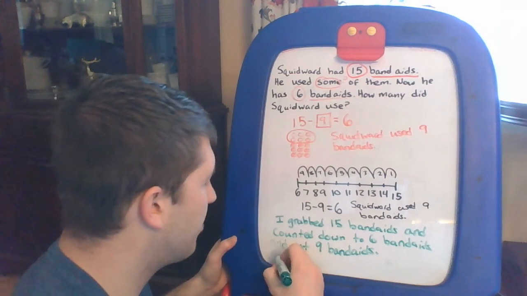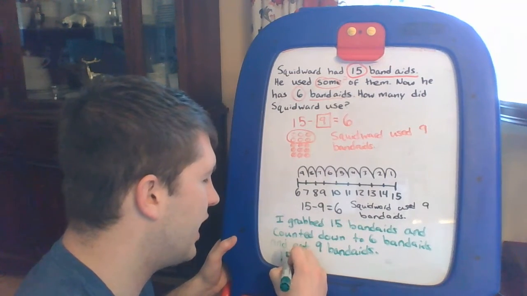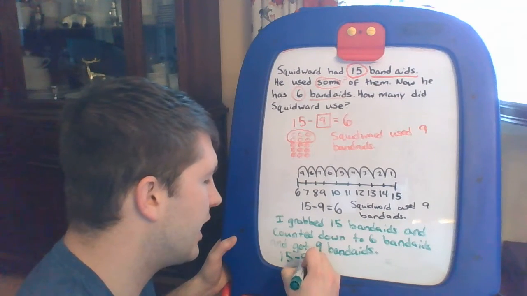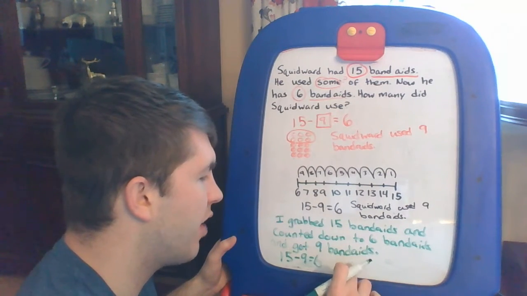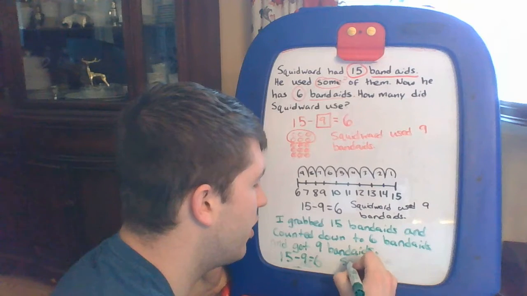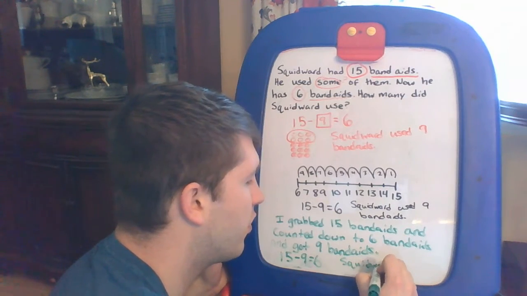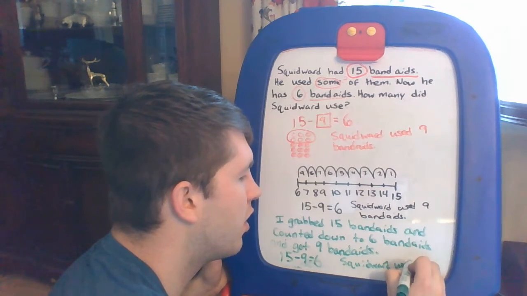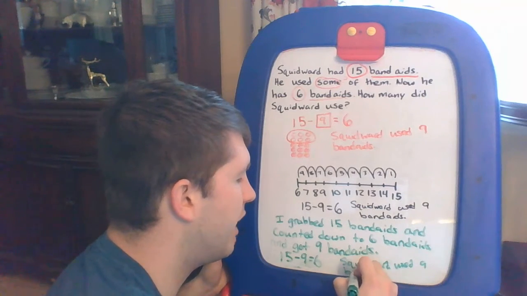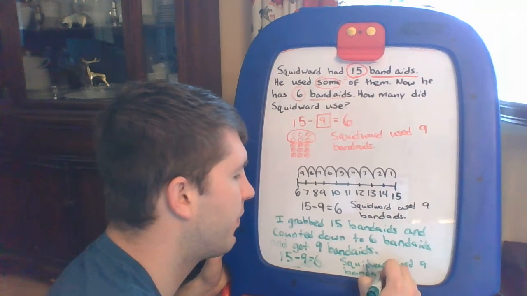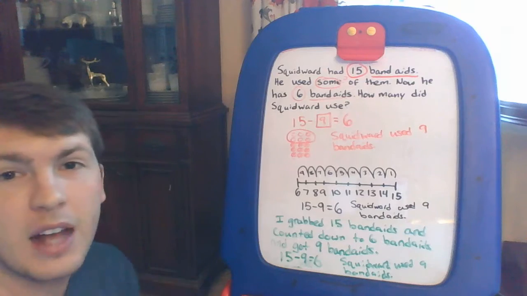And underneath, I can put my equation. 15 minus 9 equals 6. And I write right here, Squidward used 9 band-aids. Okay, that's how I do it.